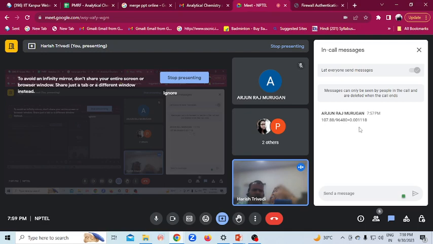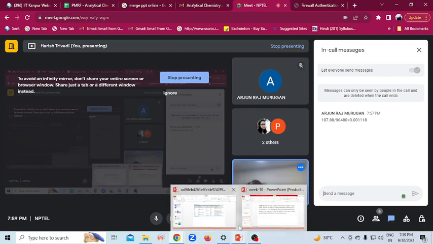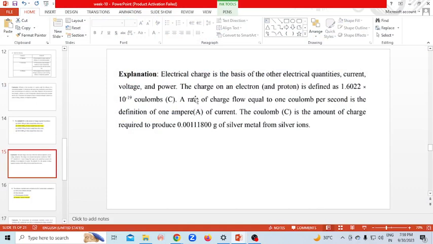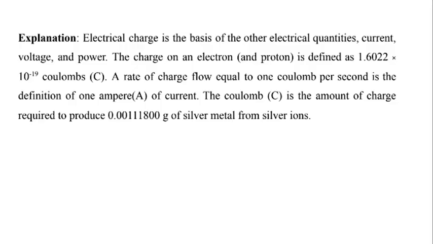It is also the same, because the concept behind that is 1 mole of silver.